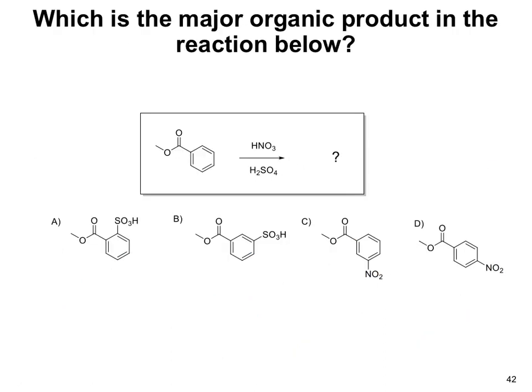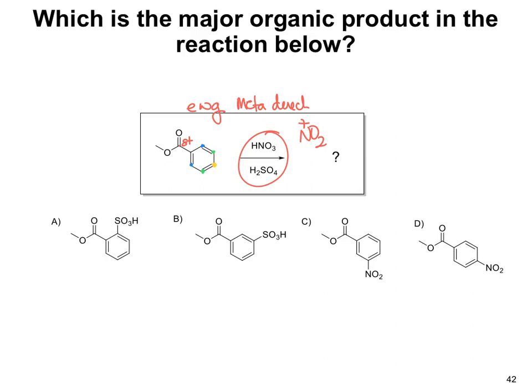organic product. All right, so here you have to decide, you have a substituted benzene. This is a delta positive. All right, so that's going to be an electron withdrawing group, and that's going to be a meta director. So this is the nitration, is your electrophile, and here you have the ortho positions, here you have the meta positions, and here you have the para position.